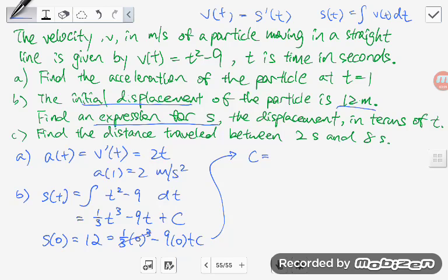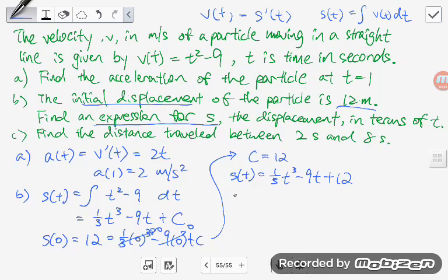These terms become 0, so my c is 12. I have a specific solution. My s of t is now one third t to the power of 3 minus 9t plus 12. This is the complete displacement expression in terms of t.